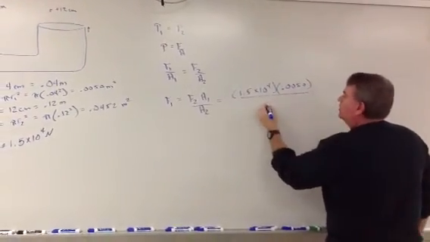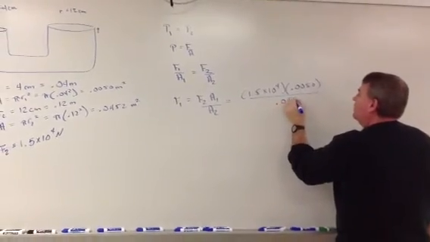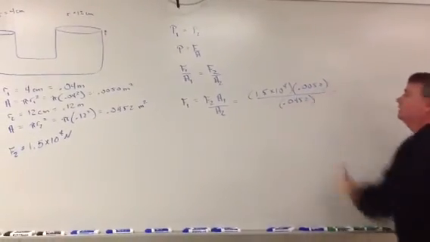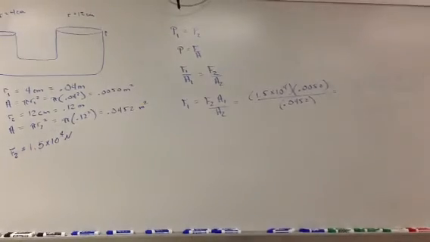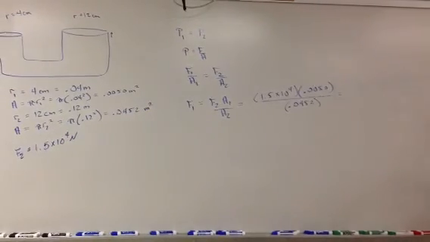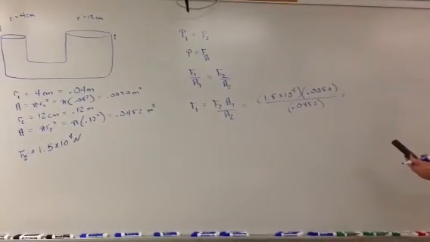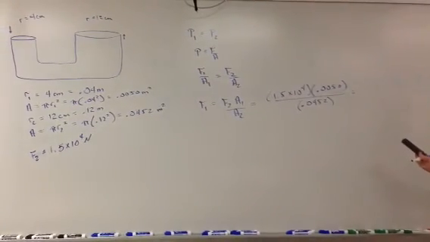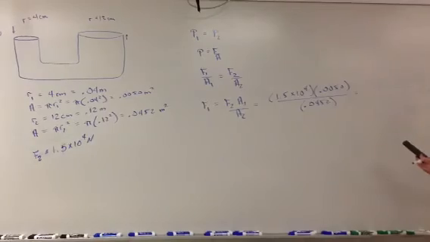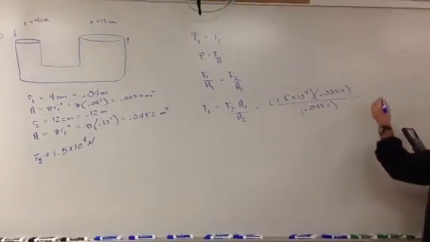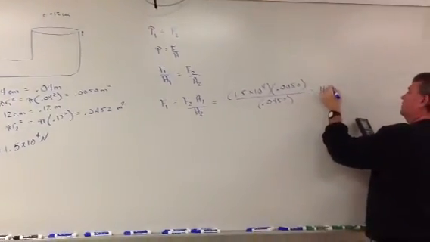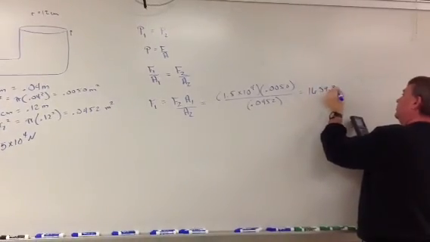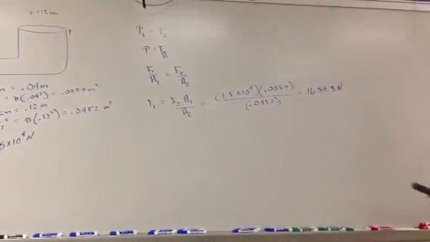And A2 is going to be 0.0452. And punching this in really quickly, it is 1,659.3 newtons. And that's number 1.